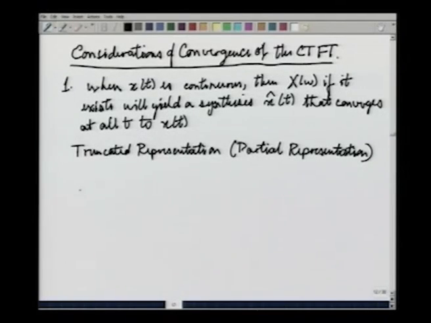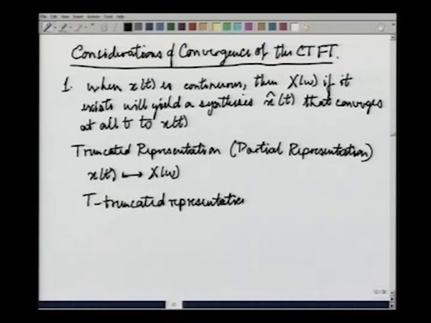What we mean by a truncated representation is, let x(t) have a transform X(omega), then we will denote the truncated representation, x hat T of t, given by 1 by 2 pi integral minus T to T X(omega) e to the j omega t d omega.